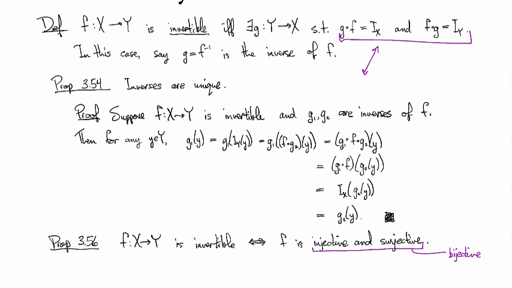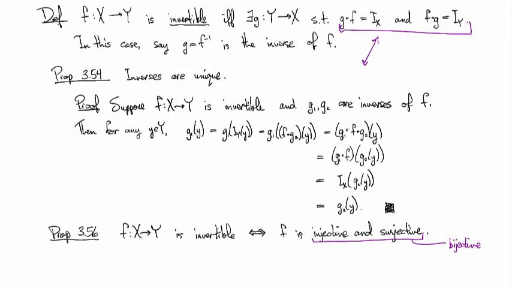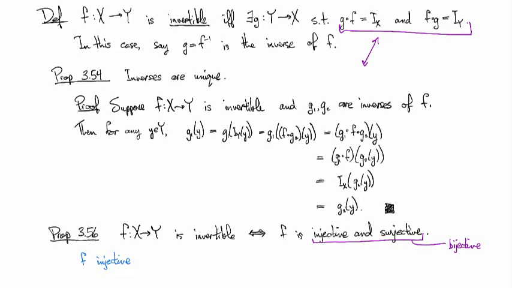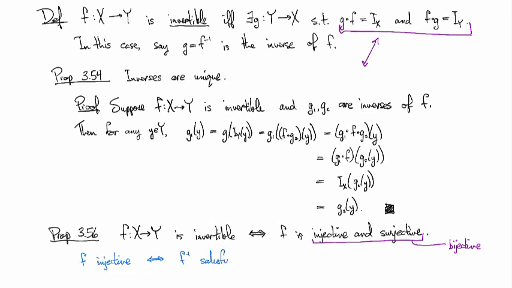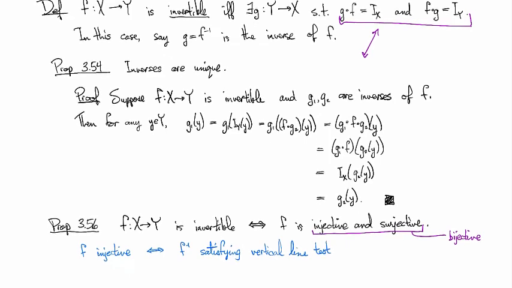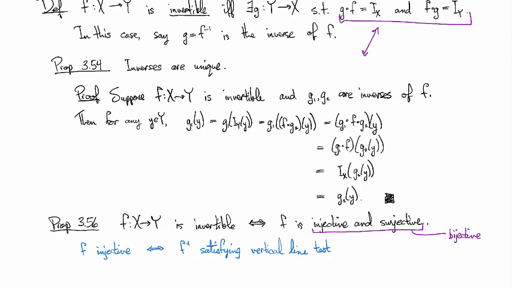I'm not going to go through the proof, but I will give you the idea. The idea is that f being injective corresponds to the property of f inverse satisfying the vertical line test. In other words, if f is not injective, there's no way to define a function f inverse that satisfies the vertical line test.